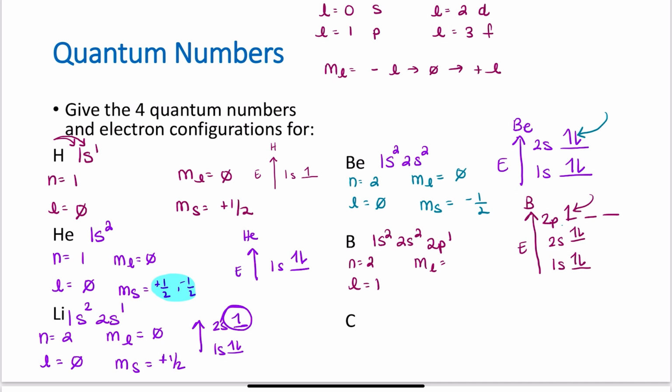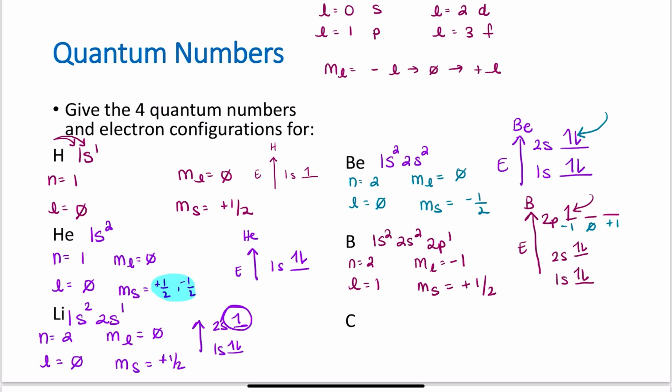By convention, we're going to assign the first one a -1, the second one a 0, and the third one a +1. It's just the convention we're going to follow. It is arbitrary, okay? So the m sub L value here would be -1. The electron is spin up, so the m sub s value is +1/2.